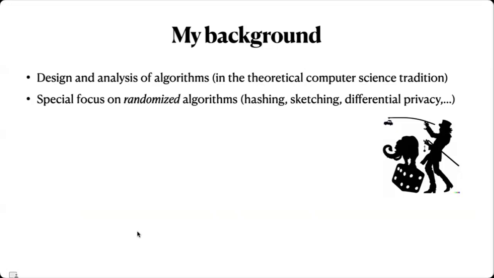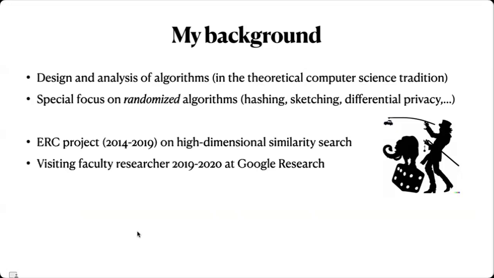I worked on sketching and more lately differential privacy. In the world of high-dimensional data, I had an ERC project some years ago on high-dimensional similarity search, so I thought a lot about high-dimensional phenomena. I was also a visiting faculty researcher at Google Research in California some years ago, and lived in Berkeley. So I might have met some of you over there.